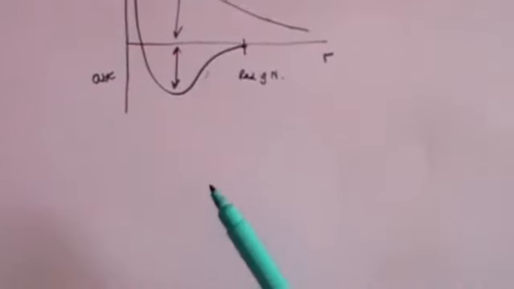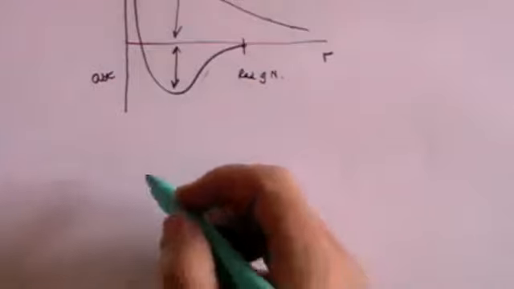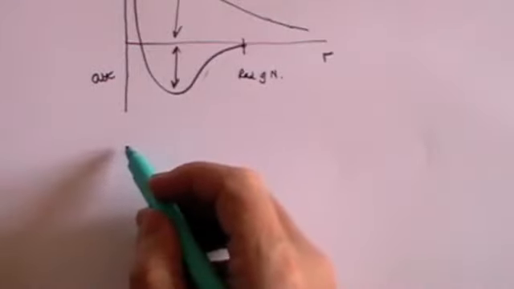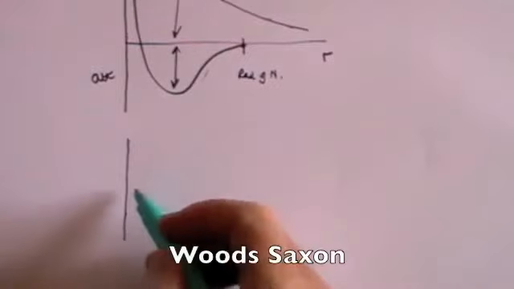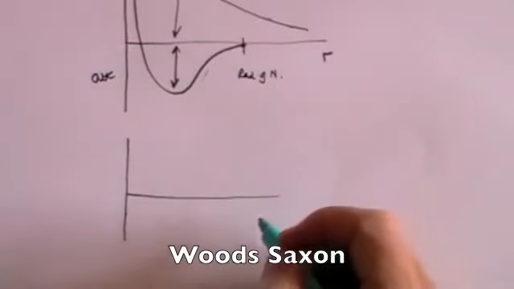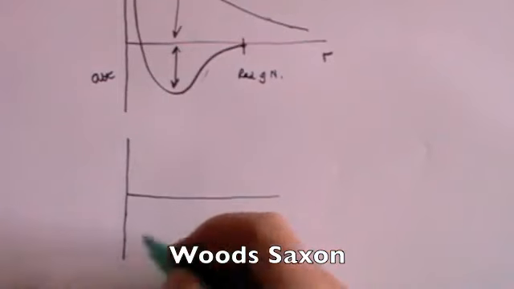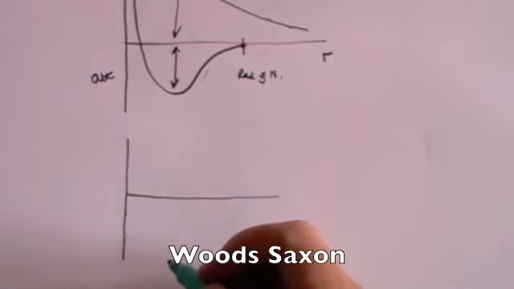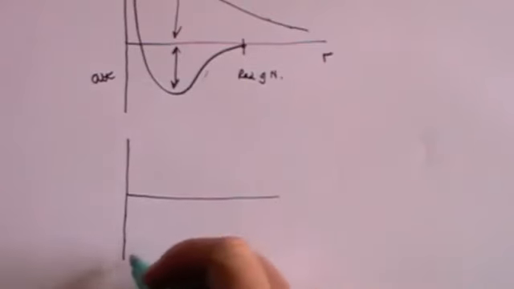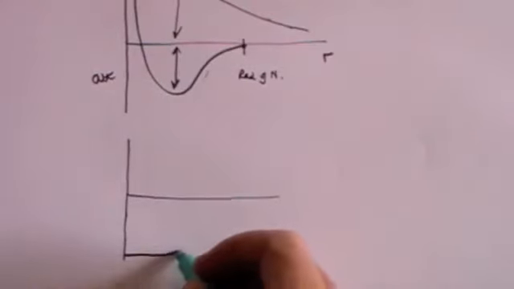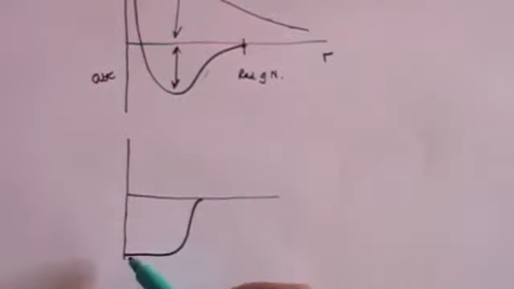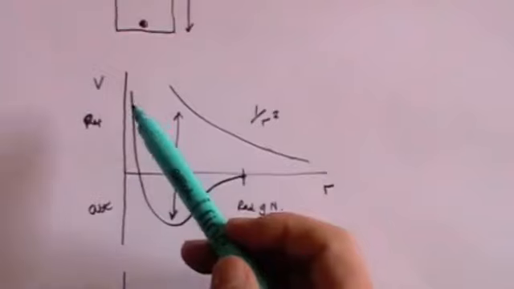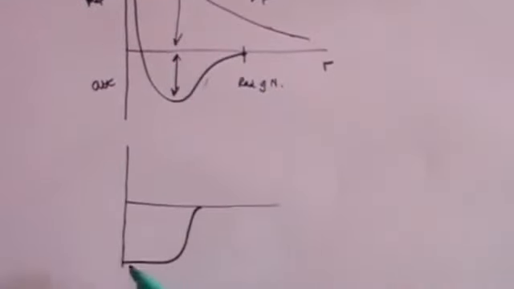And when I was at university doing a PhD in nuclear physics, the shape that was often used was one that was called Woods-Saxon, or in my day it was called Saxon-Woods, but more recently it's been called Woods-Saxon. They seem to have changed billing. And the shape of a Saxon-Woods curve is something like this. It doesn't have the repulsive term that you need here because we're not worried about that.